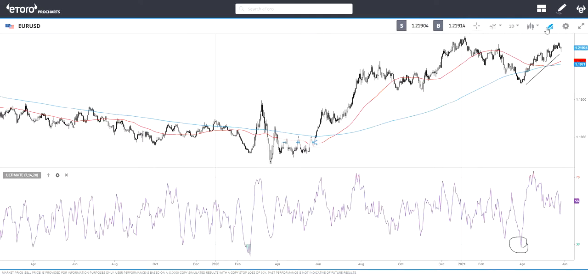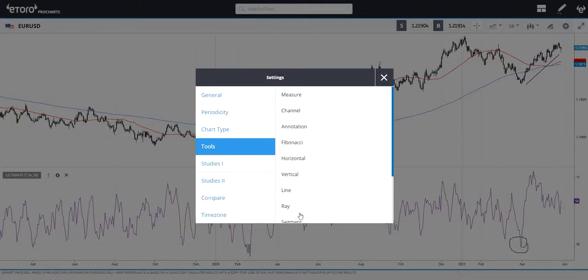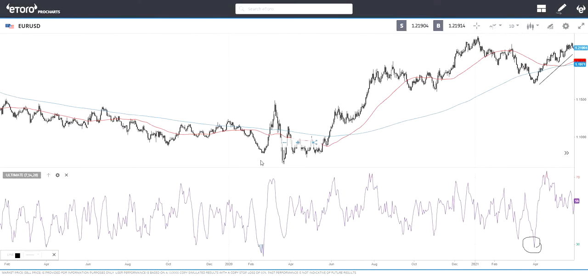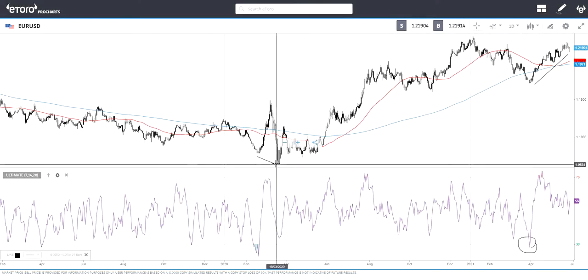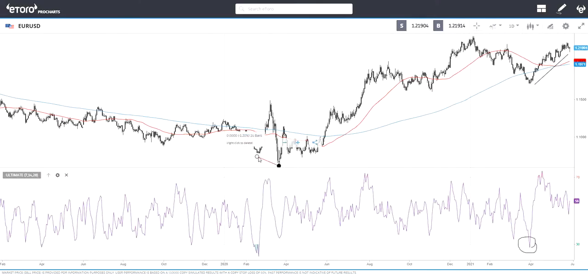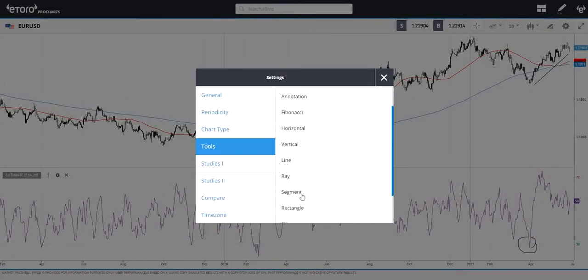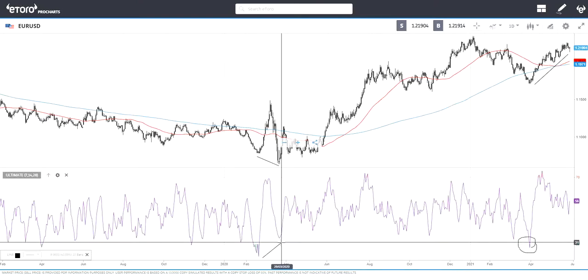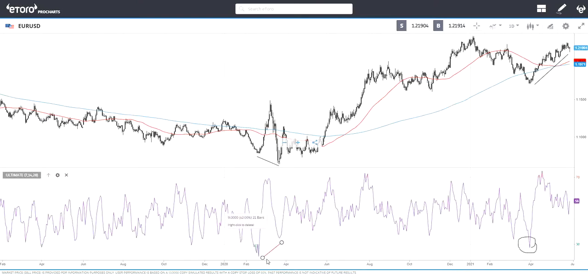Just let me add another segment here for you guys to make it more clear what I'm talking about. So this low is lower than this, okay, and in the indicator window, we can see at the same time we have a higher low.